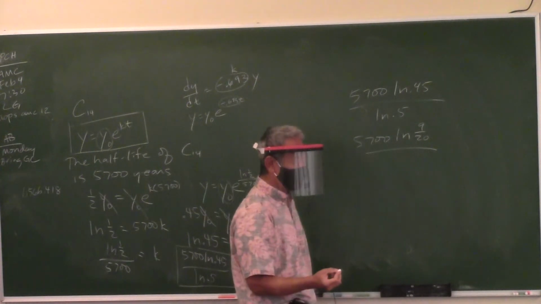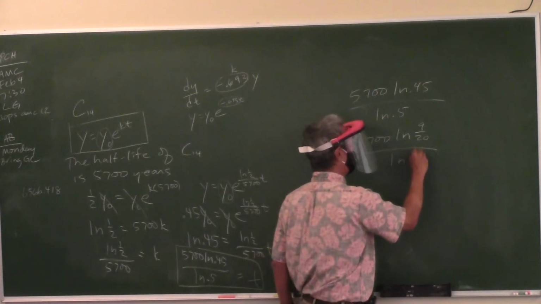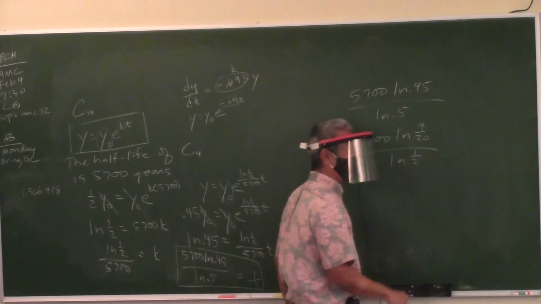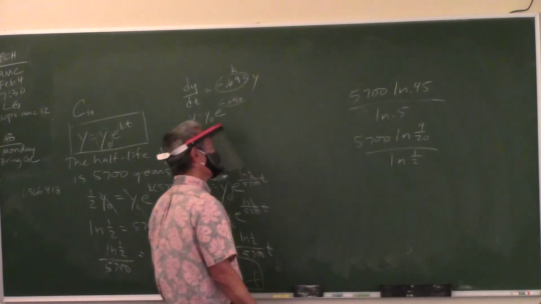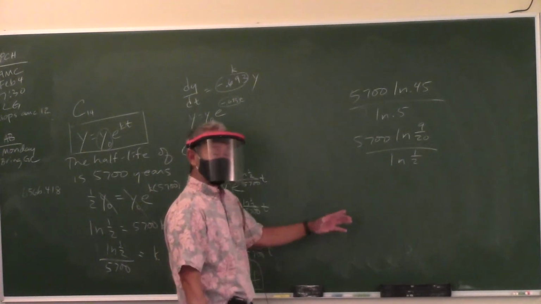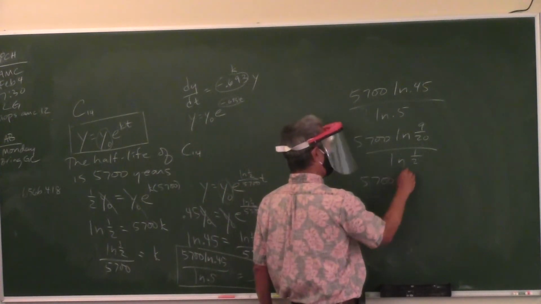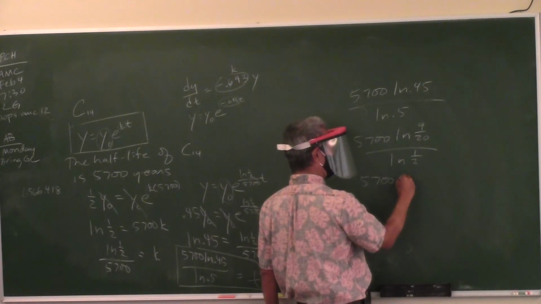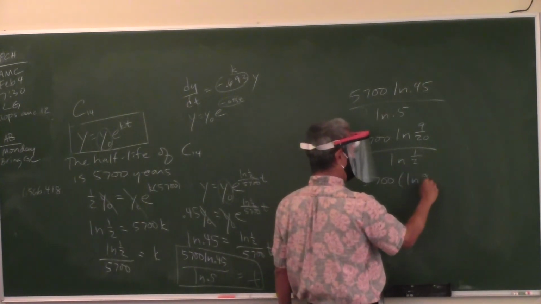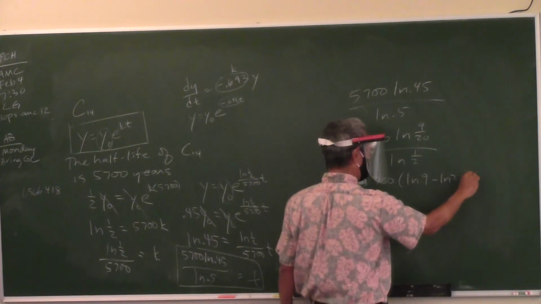0.5 is 1/2. Natural log of what? 1/2. So what could be another way they could write this? Well, isn't natural log 9 over 20 the same thing as, remember your properties of logarithms, natural log 9 minus natural log 20?